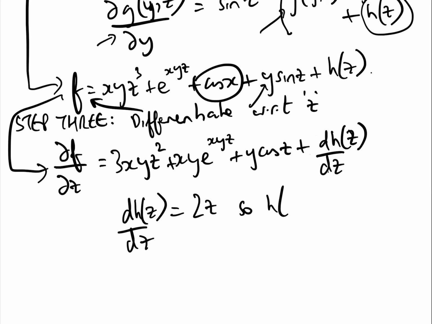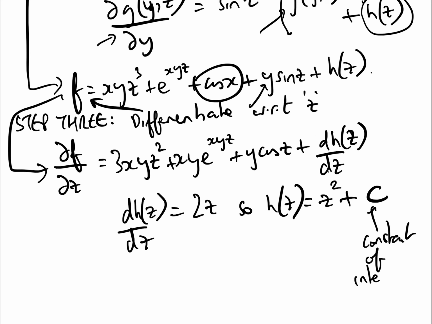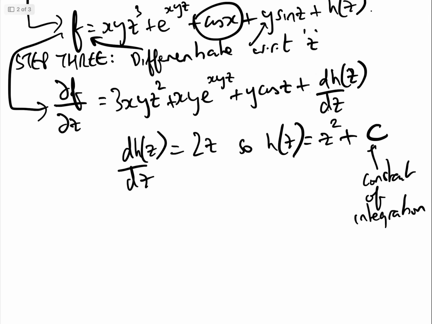and therefore h of z is equal to z squared plus a real constant of integration. That is actually a constant of integration, which we add in right at the end. So basically now we have our potential function.